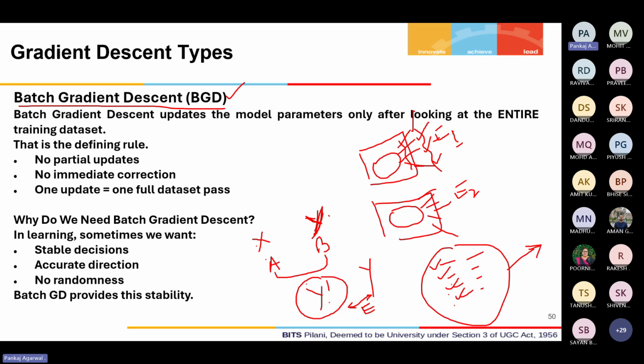So I would iterate until a stage where this error comes down to what I expect. That is the number of iterations I would go through with this particular individual case. So I'm handling one case at a time, right? When I remove this error between y dash and y to the extent that I wanted, that is called stochastic, right?